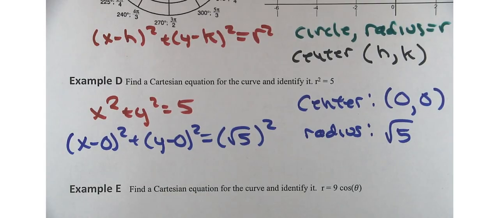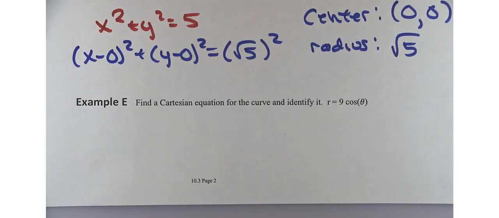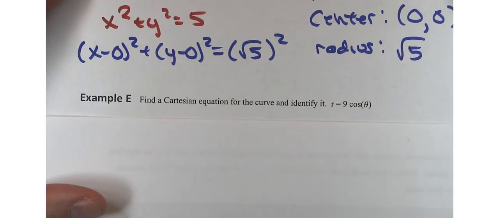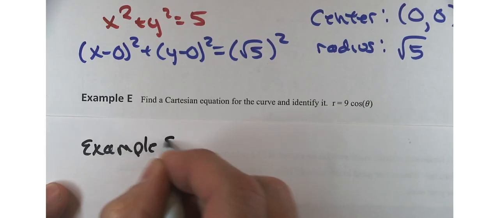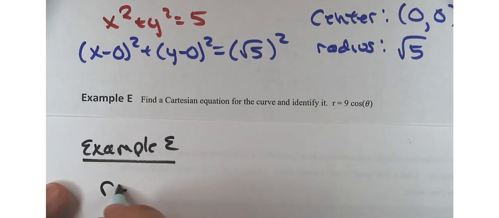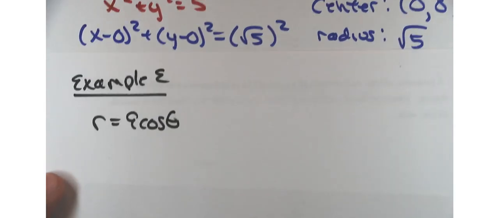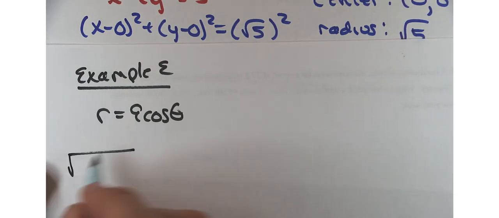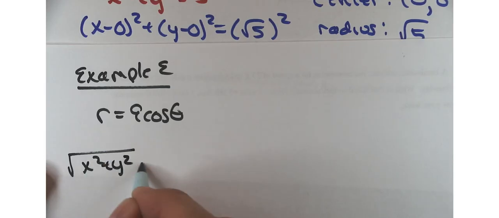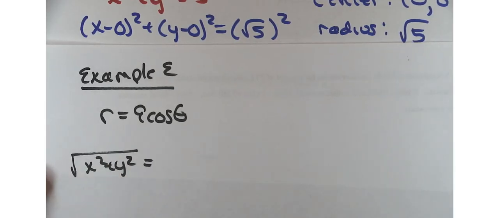And example E is not looking terribly user-friendly at the moment. So let's take a look here. Example E. We've got r equals 9 times cosine of theta. Now, if you looked at it and said, well, r is the square root of x squared plus y squared, but I can't do anything with the 9.